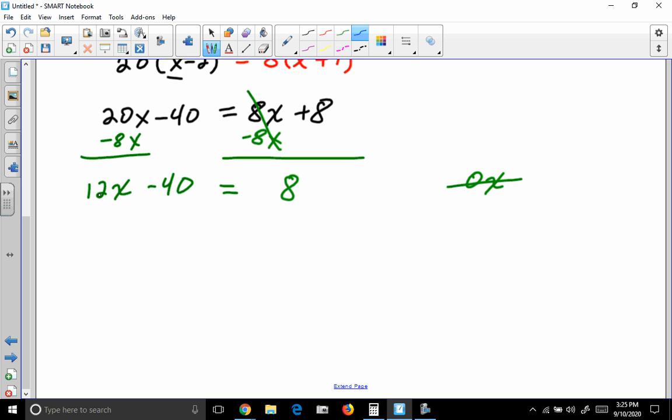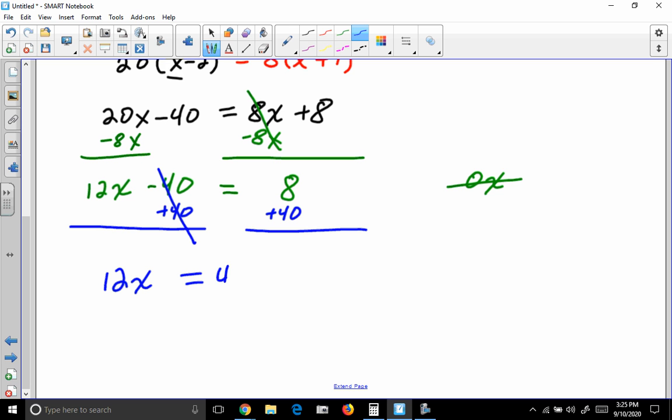So all of our x terms are on the left. And anything that doesn't have an x, we want to move over. So if we have a minus 40, to make it go away, the opposite would be to add 40. So negative 40 plus 40 is 0, so those cancel. So we get 12x equals 8 plus 40, or 48.